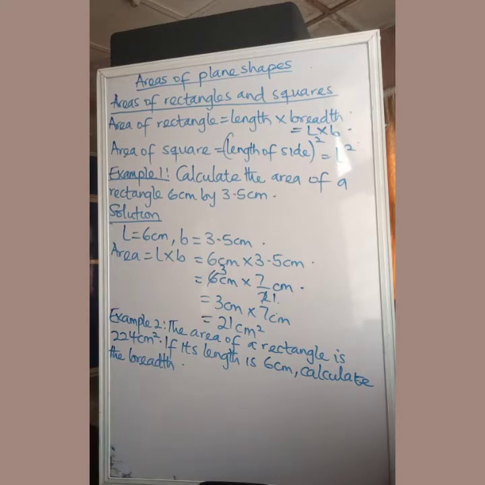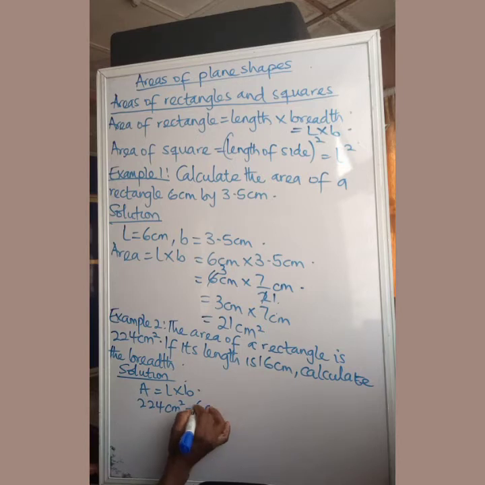That's the question. So let's look at the solution together. Area equals length times breadth. We have been given the area to be 224 centimeter squared. We've been given the length to be 16 centimeter. We are asked to calculate the breadth.